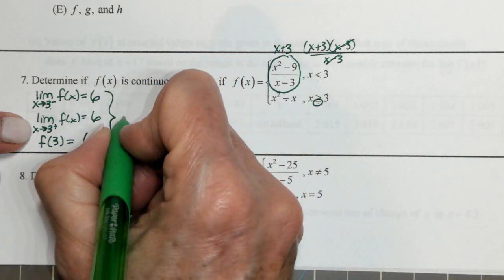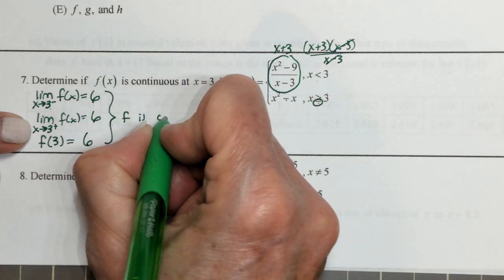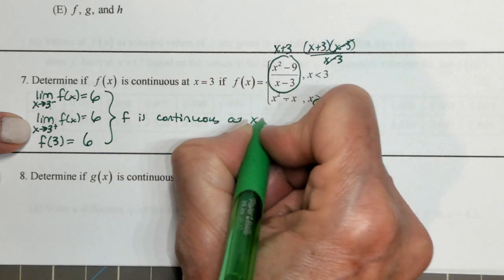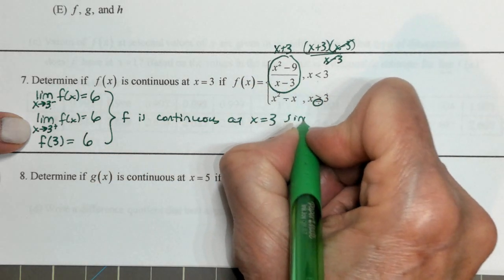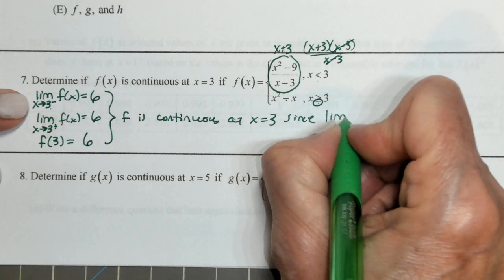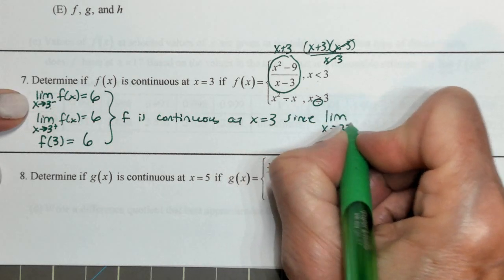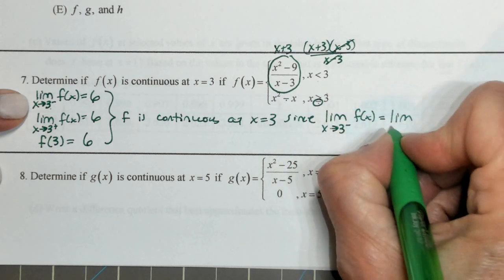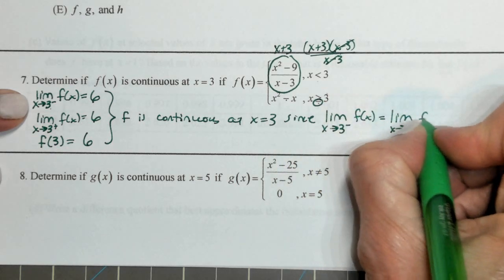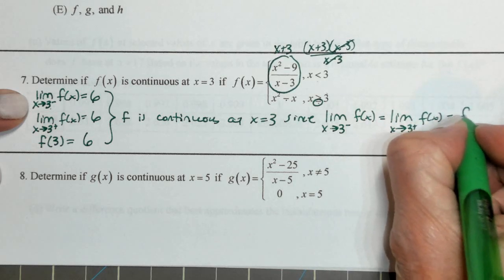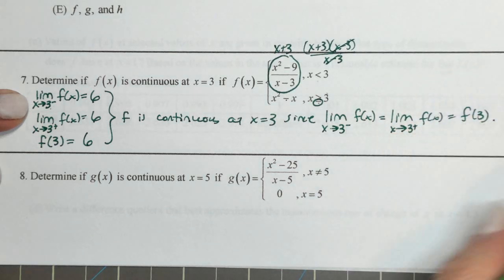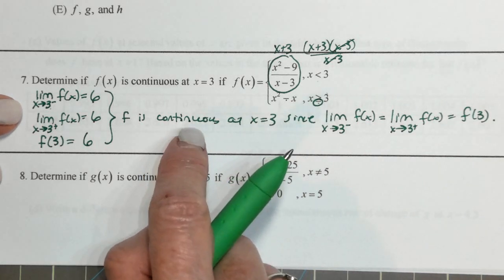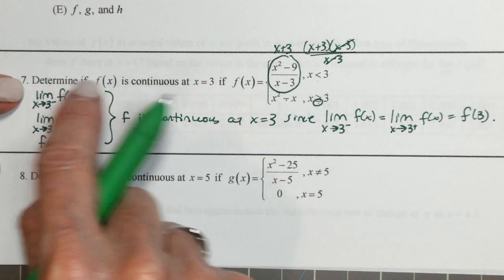So then I can say f is continuous at x equals 3 since the limit from the left of 3 of f is equal to the limit from the right of 3 of f, and that is equal to f of 3. So this is what is required to get credit for this.